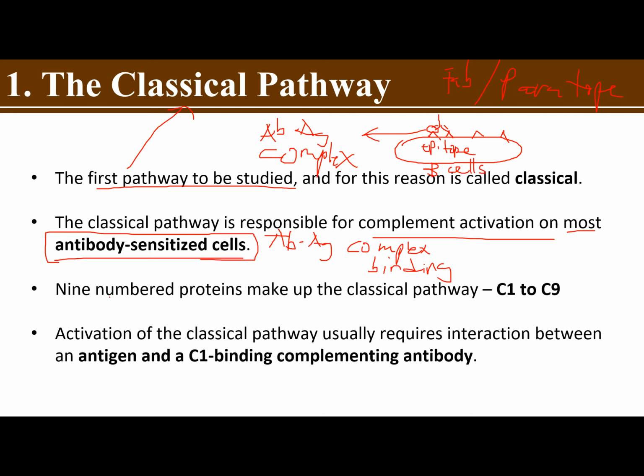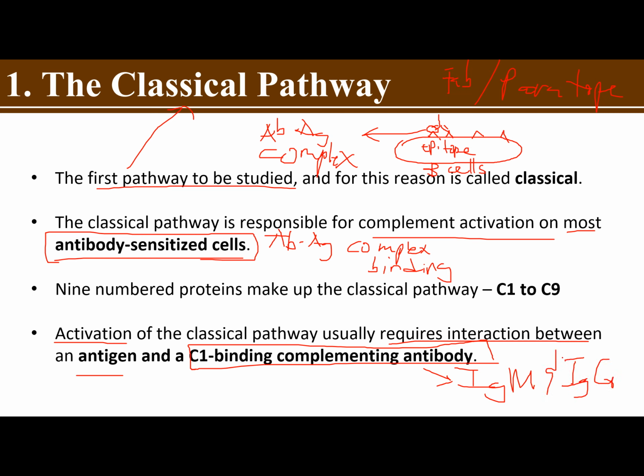Now, they are made up of 9 proteins, C1 to C9. Activation of the classical pathway would usually require the interaction between antigen and a C1 binding complement antibody. Now, whenever you deal with C1 binding complement antibody class, this would refer to 2 types of antibody, the IgM and the IgG. So these are the only antibodies class capable of activating your classical pathway.